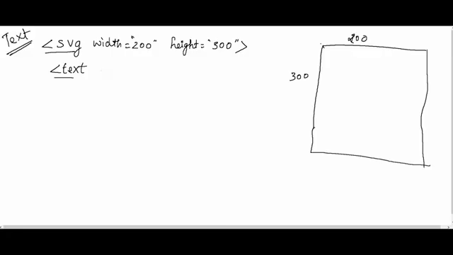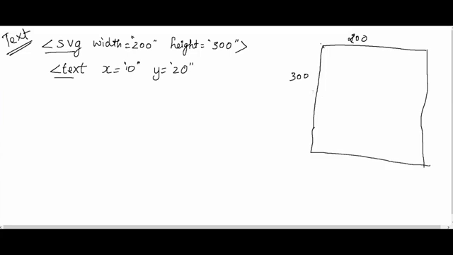So here I have a few attributes. One is X equal to some value, I am just giving it as 10, and Y is equal to 20. In SVG we always mean X as the X axis and Y as the Y axis.